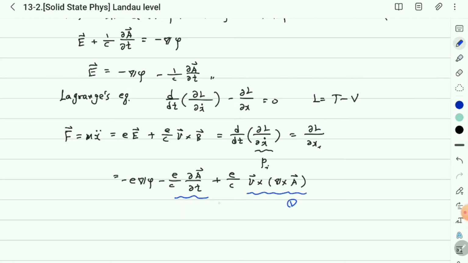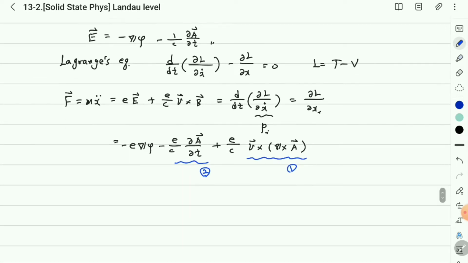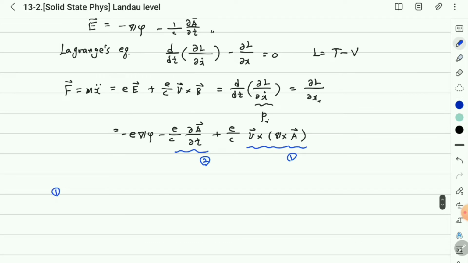This term is 1, this term is 2. The first term, V cross curl A, from the Beckham rule, is gradient of V dot A minus V dot gradient A. It is the Beckham rule.